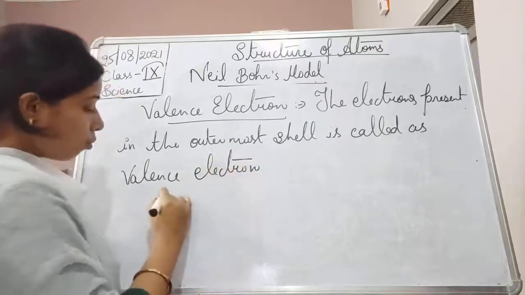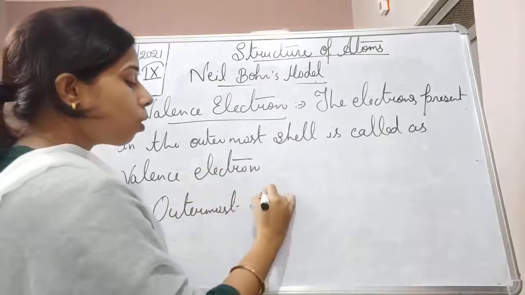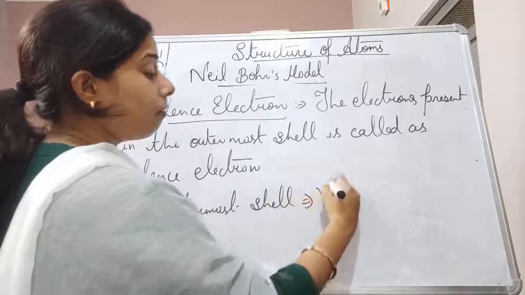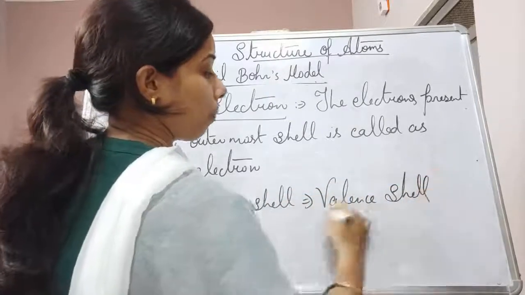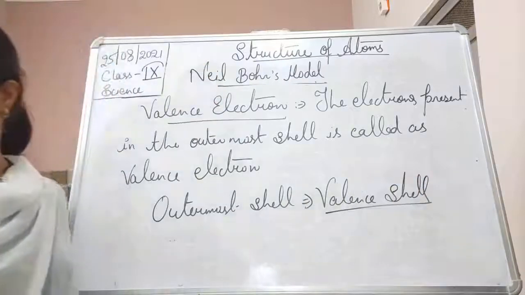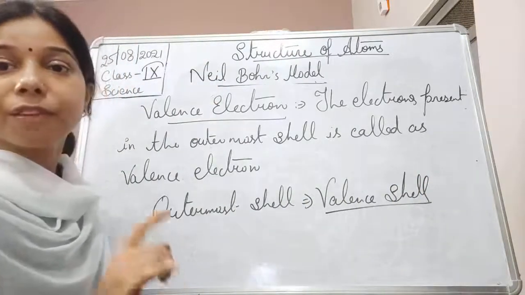Actually, the outermost shell is also called the valence shell. So the number of electrons present in the valence shell is the valence electron.